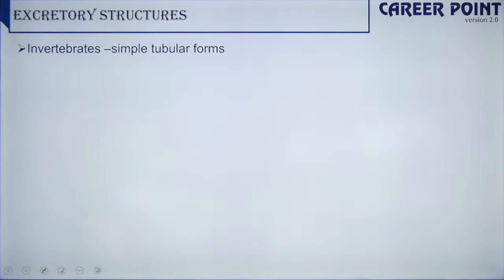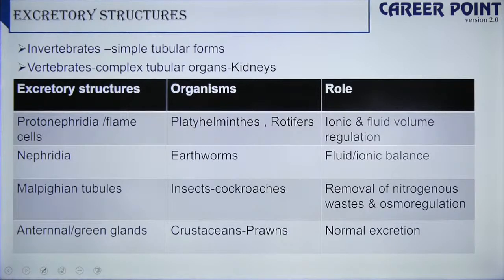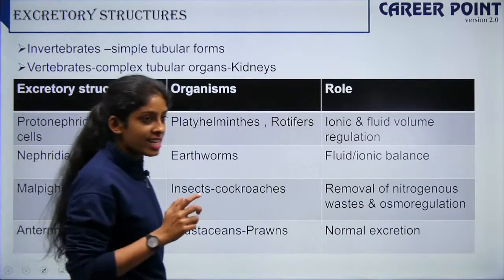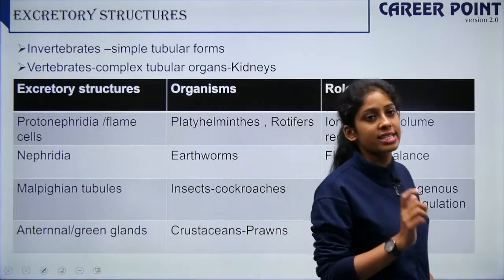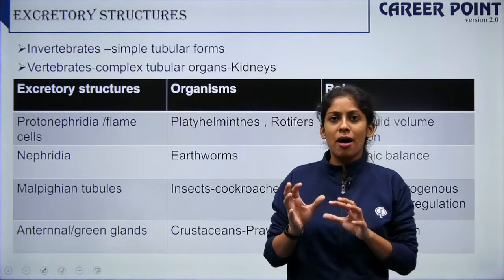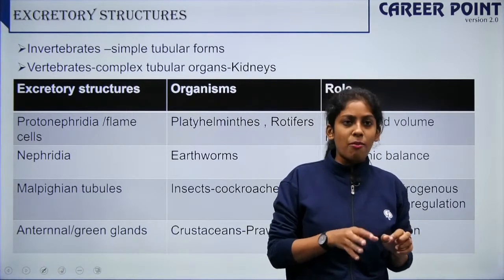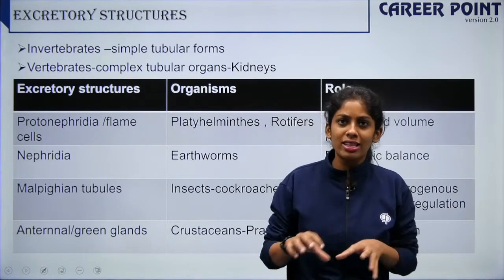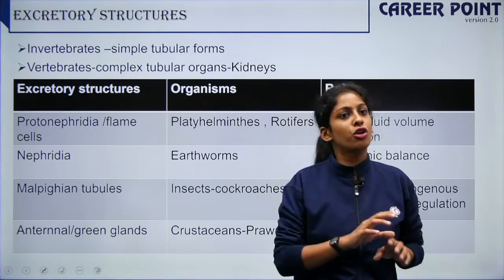Invertebrates have simple tubular forms, and vertebrates have complex tubular organs called the kidney. But again, ma'am, I have calculated that we only excrete urea. We excrete urea, which is the major excretory product from our body. Along with it, yes, we excrete some amount of creatinine and some other acids. All the undigested food also we egest.